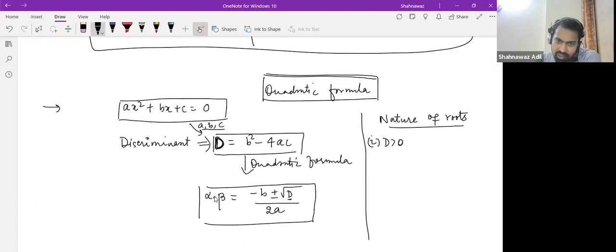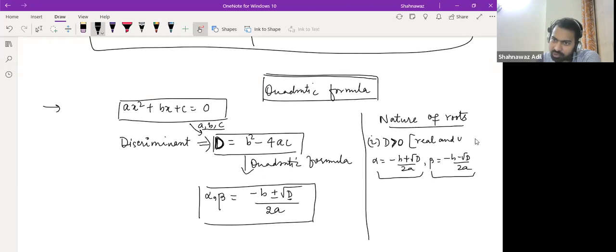So you will get two values: alpha would be minus b plus root D by 2a, and beta would be minus b minus root D by 2a. So you get two different solutions. These are real solutions. So if D is greater than 0, you get real and unequal solutions. Is this clear to you?